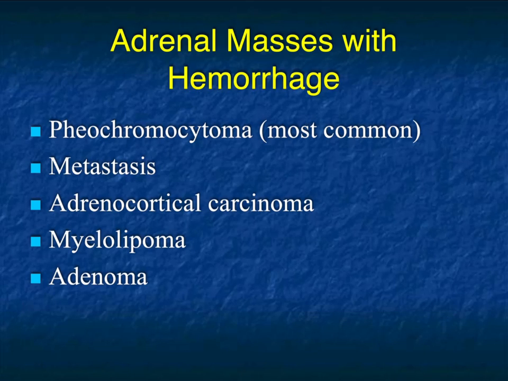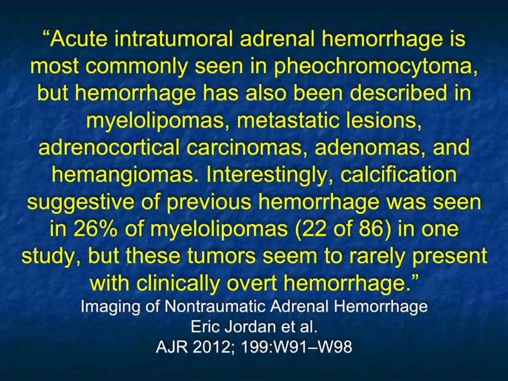I never really thought of adenomas as a lesion that bled, but they can bleed. And when adenomas bleed, we often don't see them in the acute phase, but we see them in the chronic phase where the patient has a scan for a different reason, and you see a big adrenal mass that's of higher attenuation or mixed attenuation. It's not acute blood, and so it's a very difficult diagnostic dilemma.